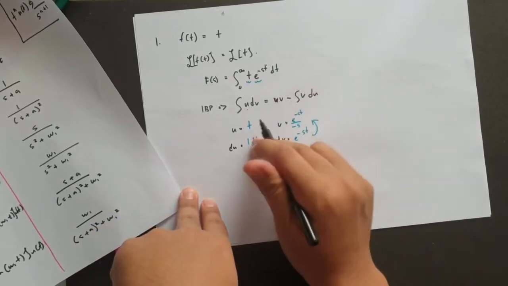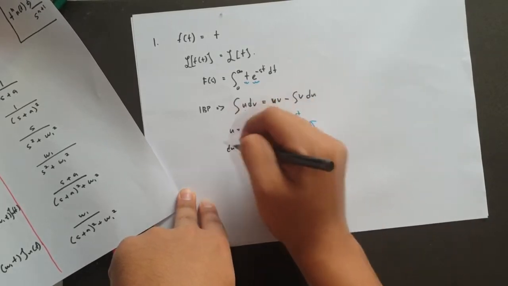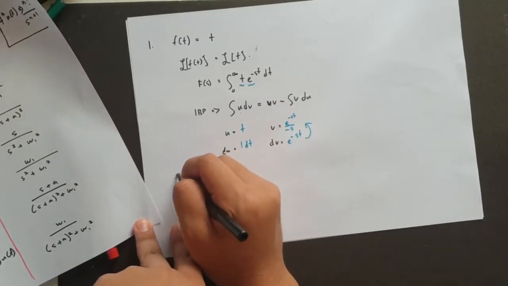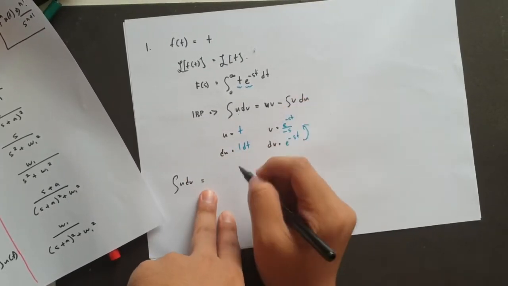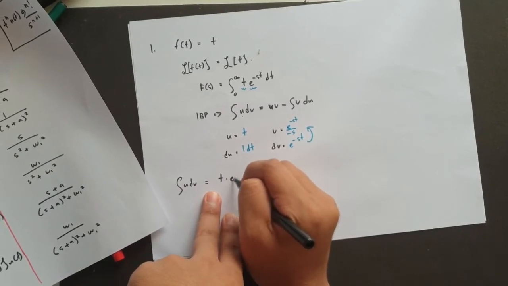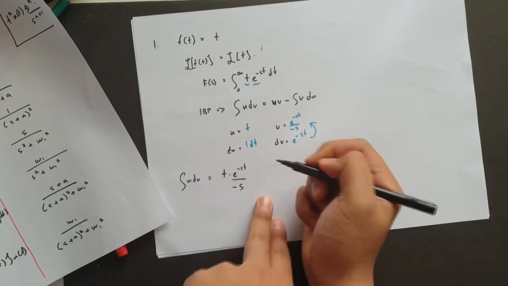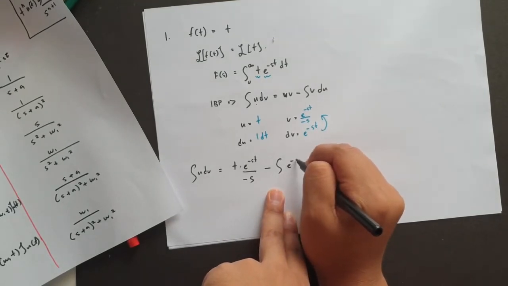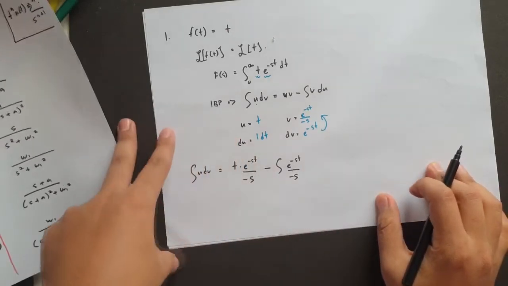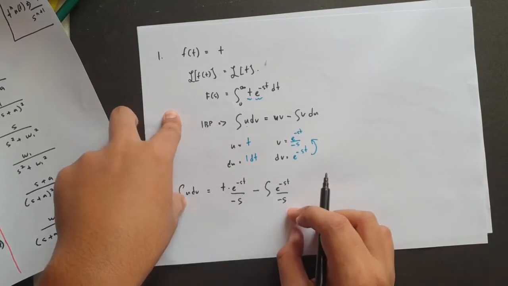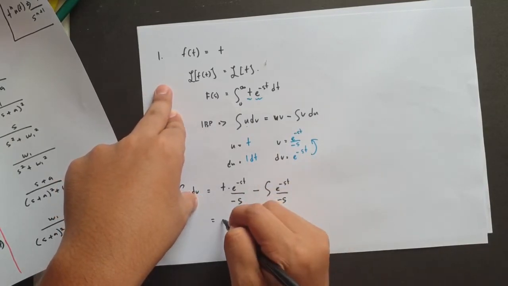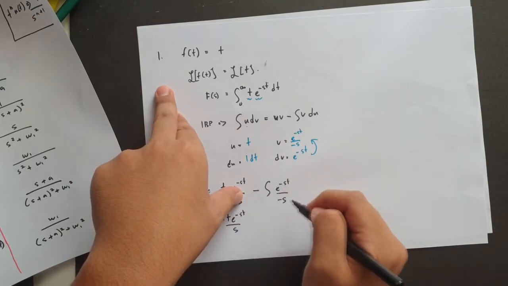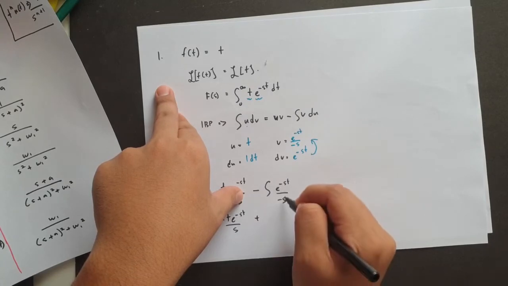So what's next? You put everything back into the integration by parts. The integral of u dv equals uv, which is t times e to the negative st over negative s, minus the integral of v, which is e to the negative st over negative s, times du. So you can write negative t e to the negative st over s, and this minus becomes plus.